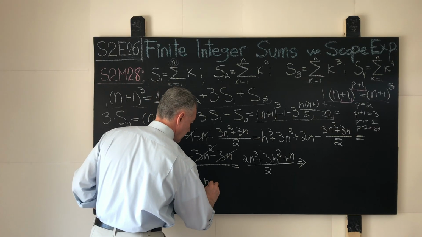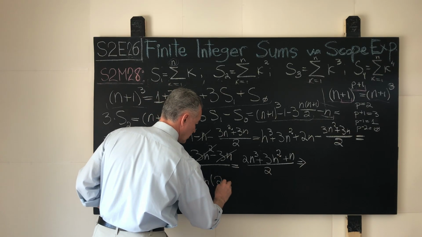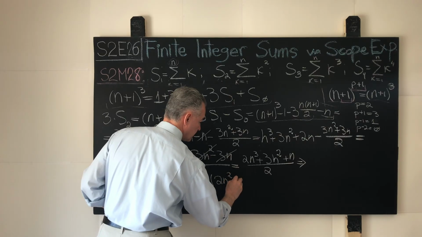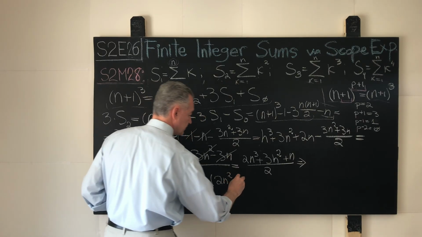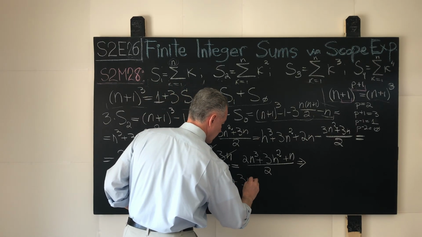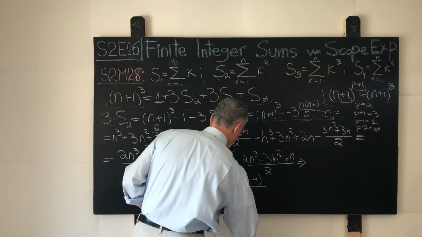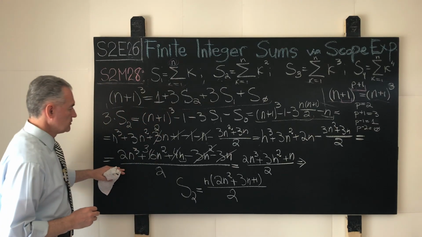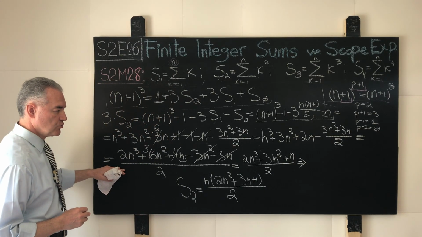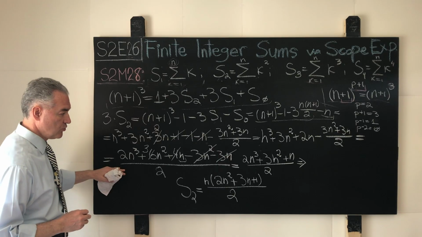So we have n times 2n squared plus 3n plus 1, over 2.